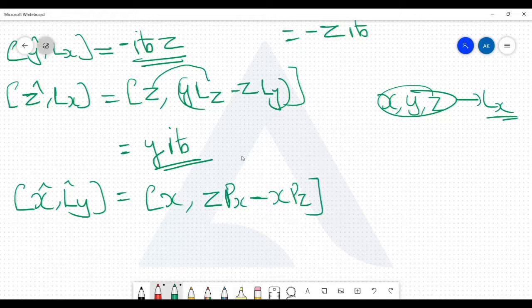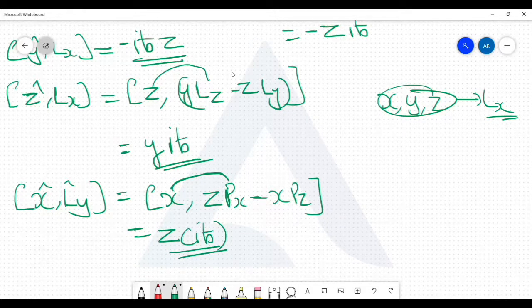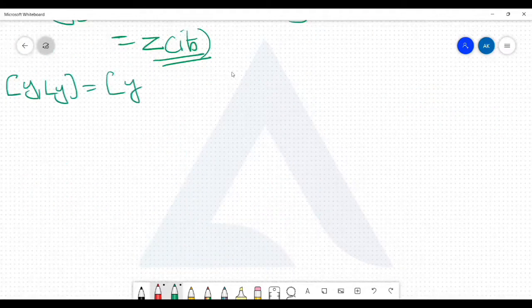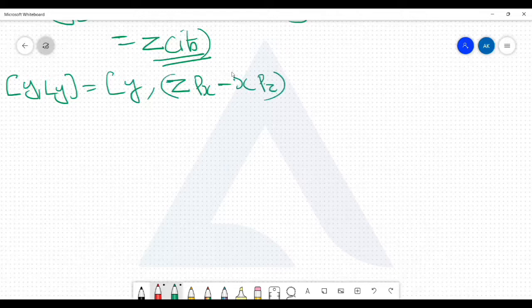Now observe closely, this term is non-vanishing. Therefore, x L_y is iℏ z. Now y L_y, that is y with z p_x minus x p_z.